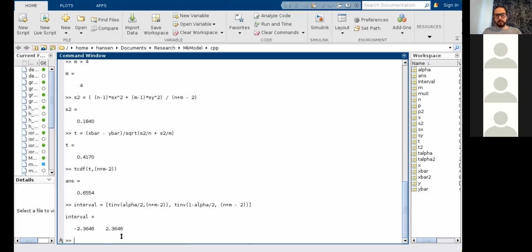And this would be our interval. And we see that this interval is pretty wide. So our t value is between those numbers. It's not on either side. So we don't reject the null hypothesis. The null hypothesis stands, so there is no statistically significant difference between the samples of x and y.